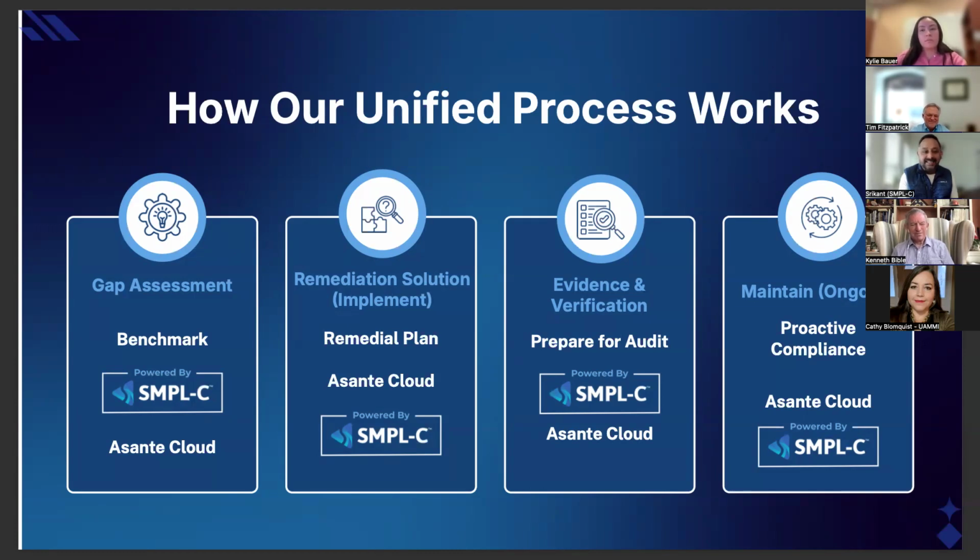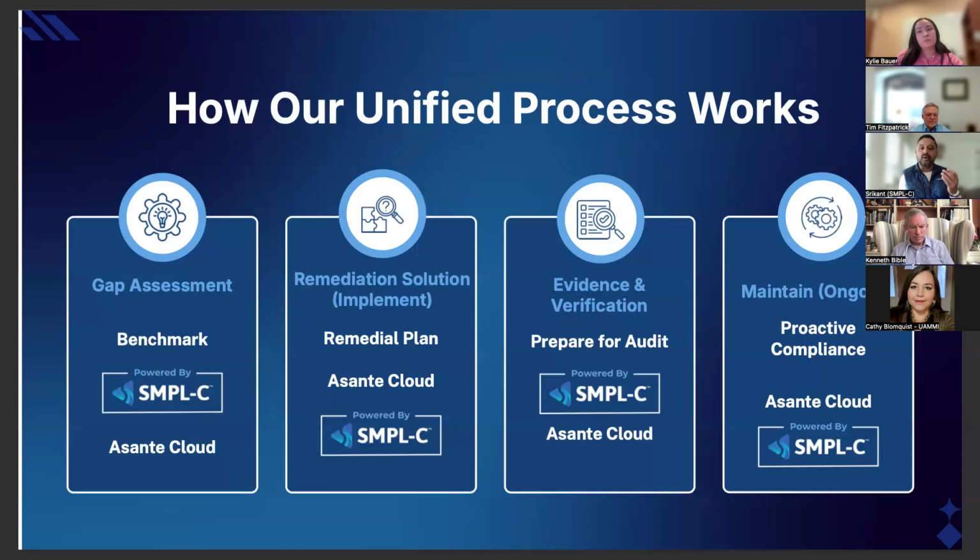All I'll say is SMPL-C is a workflow optimizer platform, a collaborative cloud platform that helps the consultant, the remediation partner, and the DIB contractor work seamlessly together, and they can accelerate the program much more effectively. So you're not learning how to do it, you're actually doing it.